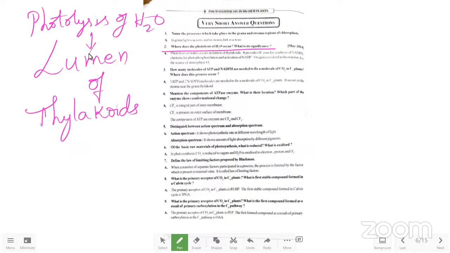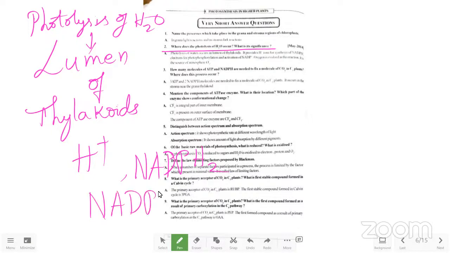What is its significance? What will it do? It provides the H plus ions for the synthesis of NADPH2 for photophosphorylation, activating NADP plus.